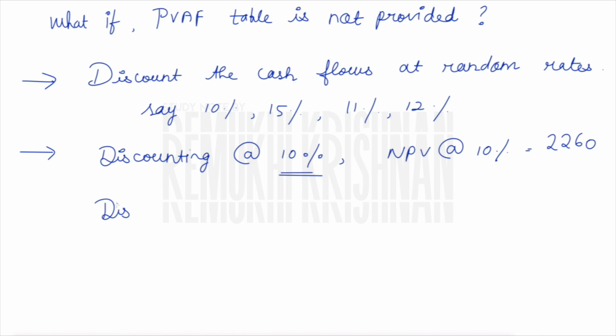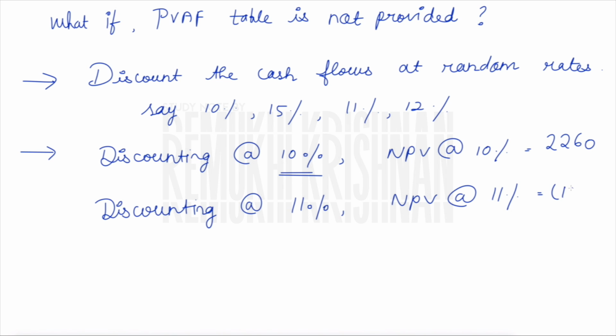The logic behind this is very simple. You just look at your net present value. If at a particular rate the net present value is positive, then you have to discount the cash flows again at a higher discount rate to get a negative net present value, because to find the IRR, one net present value should be positive and the other should be negative.